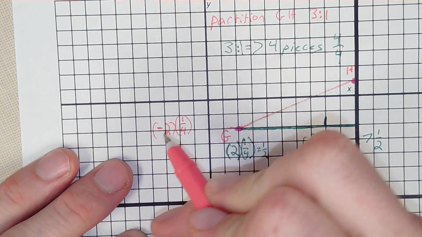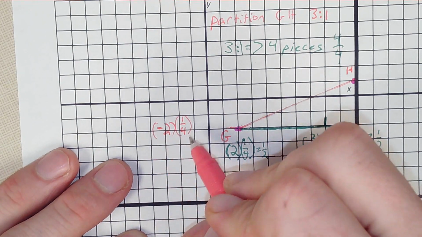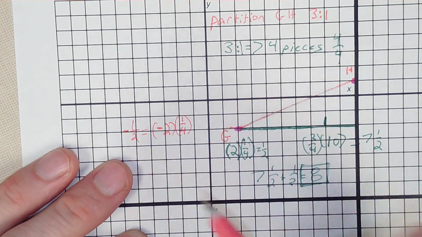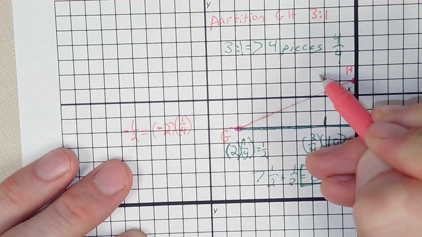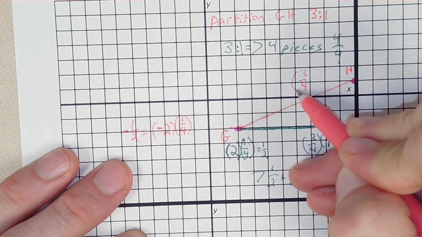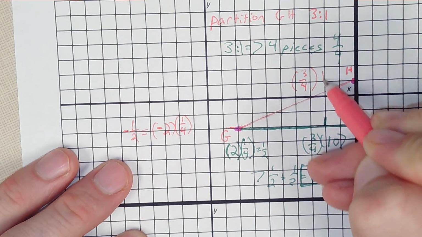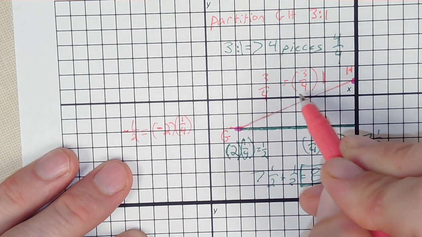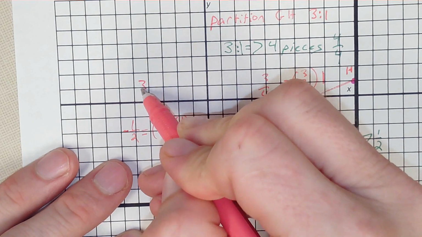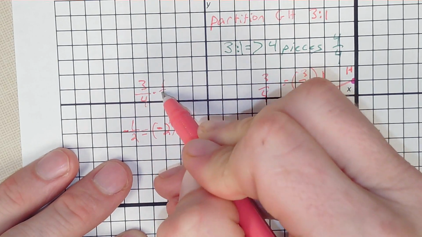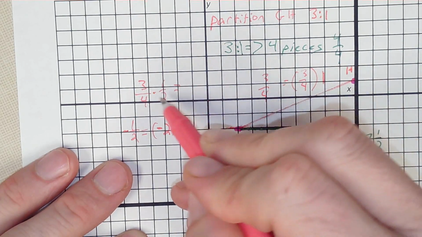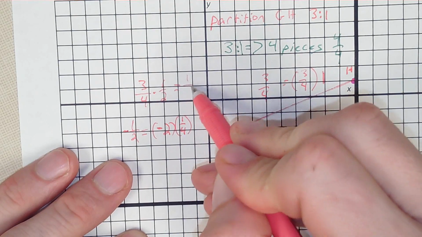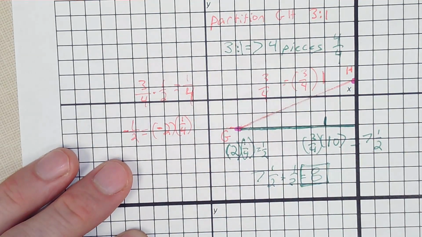So this is going to be negative 2 times 1/4, which is negative 1/2. Okay, this is going to be 3/4 times 1, which equals 3/4. Okay, so 3/4 minus a half equals 2/4. That's going to be 1/4.